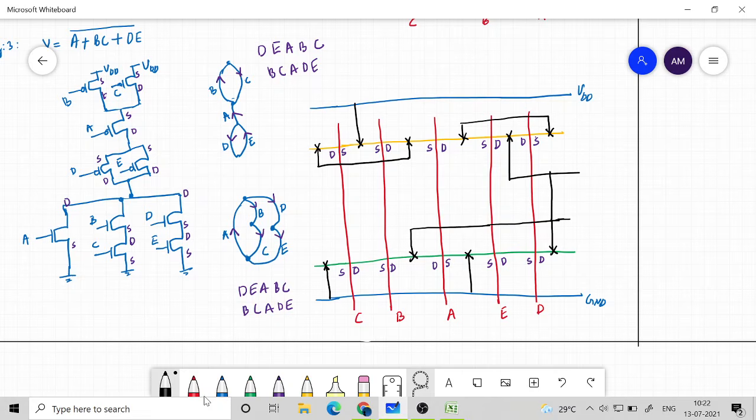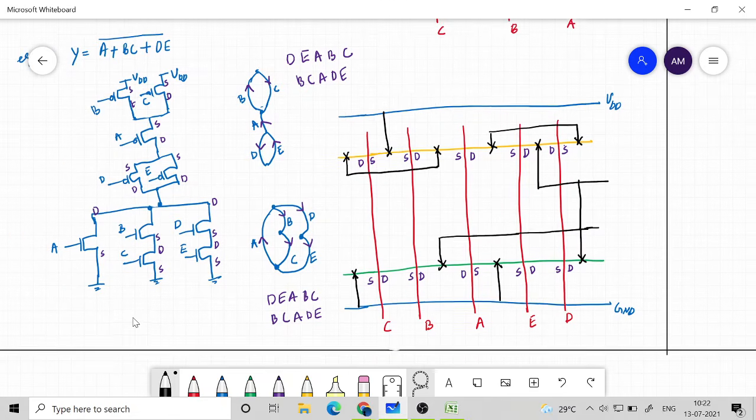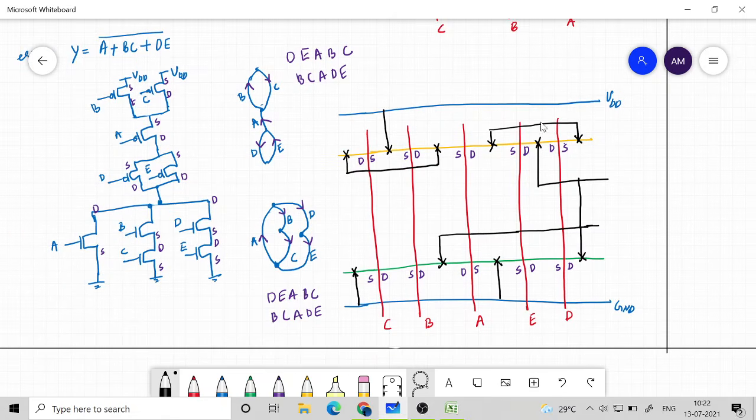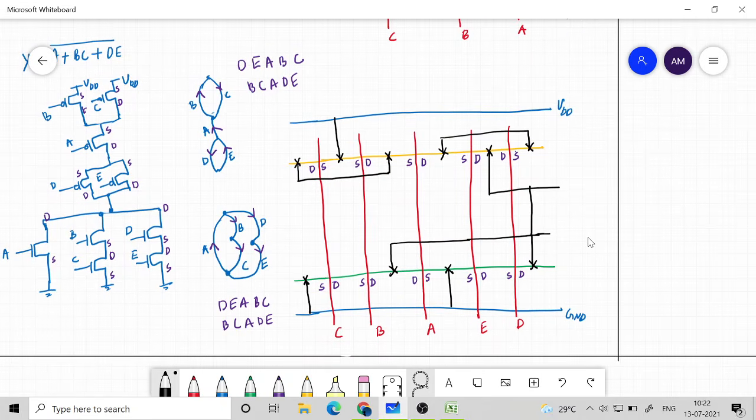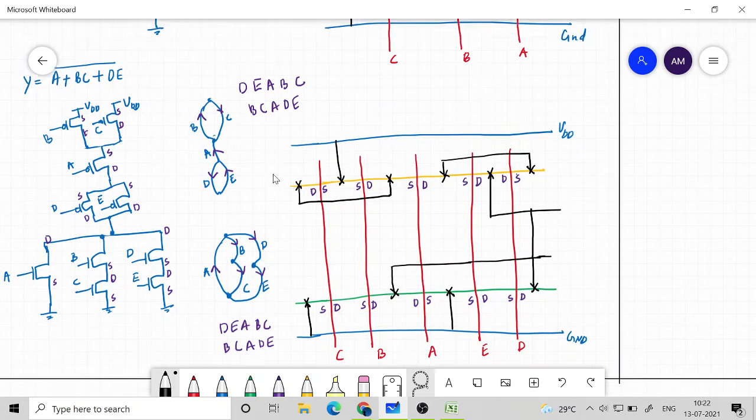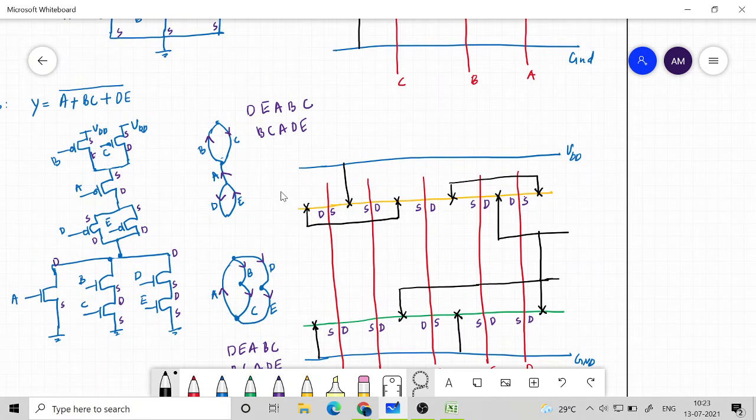So this is the stick diagram for this given logic. As you can see, it's not that easy to draw the stick diagram or layout or find out the appropriate way of connection. So you need to use this algorithm called Euler's shortest path algorithm.